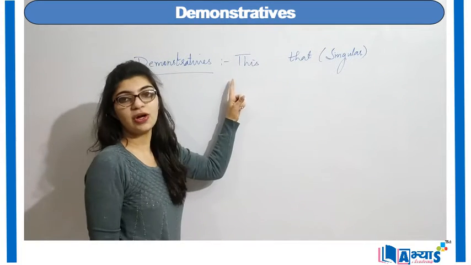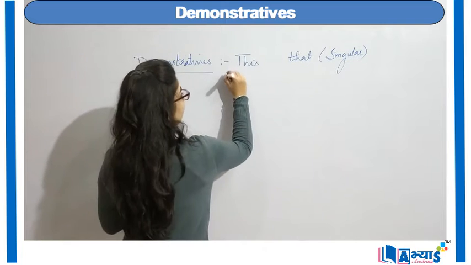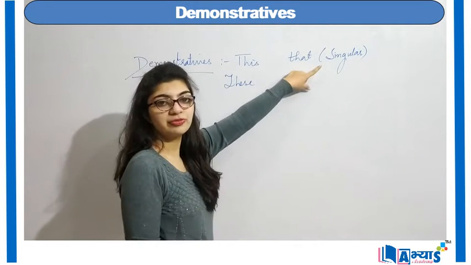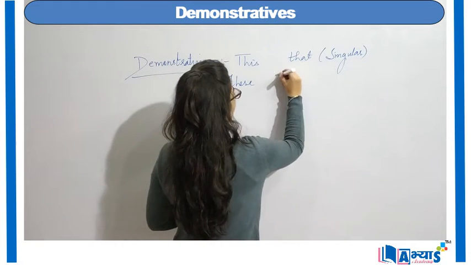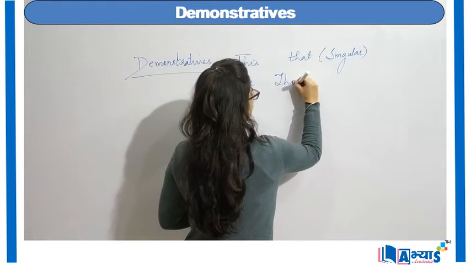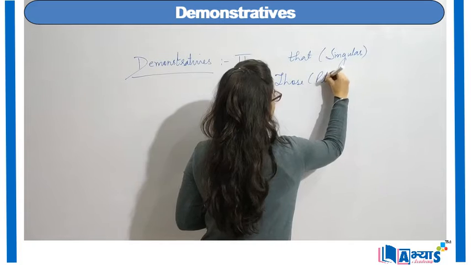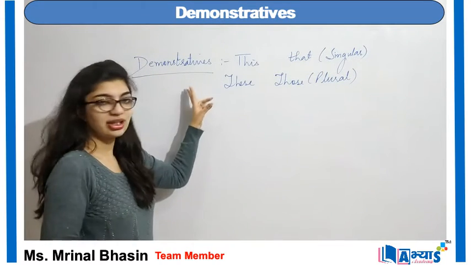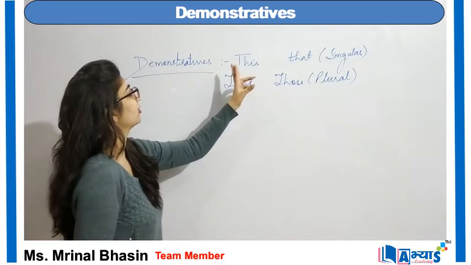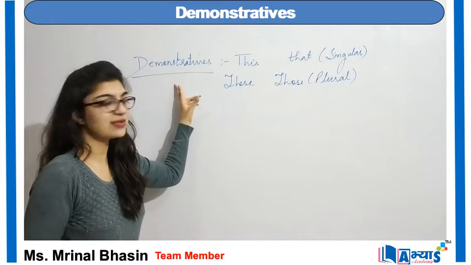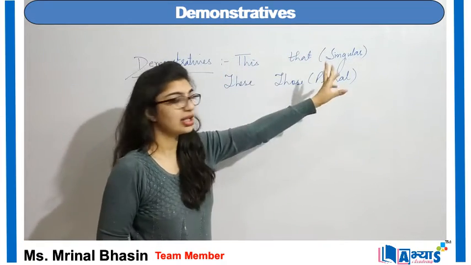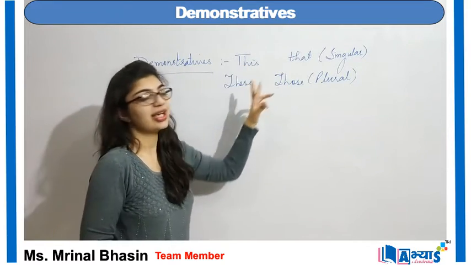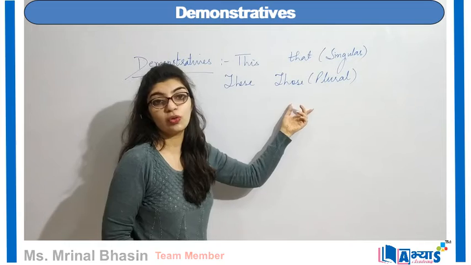The plural of this we know is these, and the plural of that is those. So singular demonstratives are this and that, and the plural of this is these, and for that it is those.